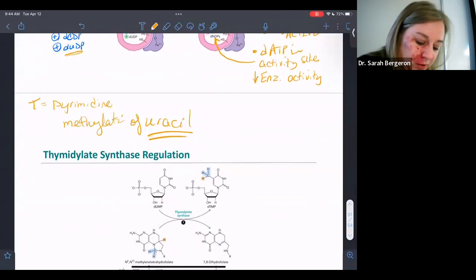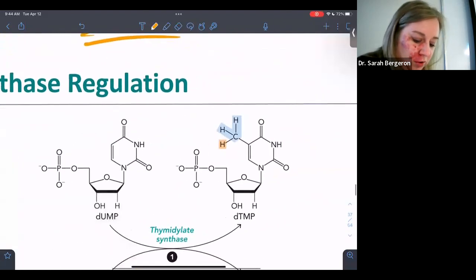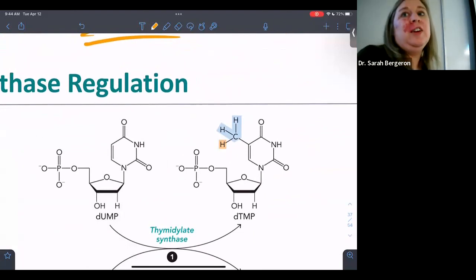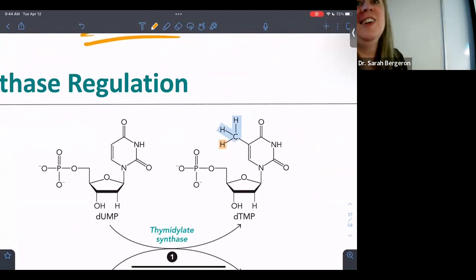Okay, so here's our two structures. DUMP, it's hilarious, right? Don't call it dump. But it is DUMP. What's the only difference between DUMP and DTMP? The methyl group, that's the only difference, right?